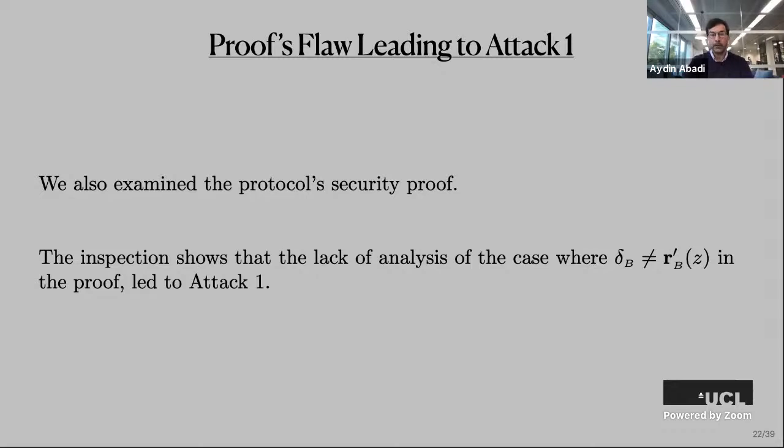So if we put it in the UC context, in the proof, the simulator can distinguish the real world from the ideal world because of this flaw, which shouldn't have happened if we had a correct proof or correct protocol.